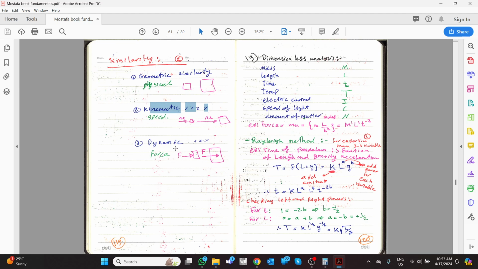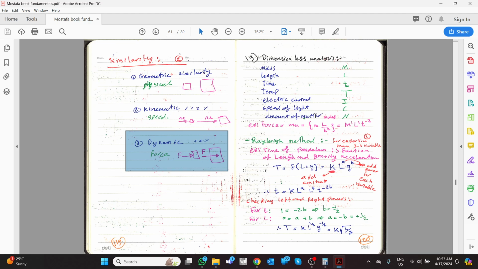Of course, the force will not be equal to this force, but it will be in dynamic similarity. If I guarantee there is dynamic similarity, kinematic similarity for velocities, and geometric similarity, then the scaling I did is correct. Of course, dynamic similarity is impossible to achieve without succeeding in both. Okay, this is just for a general term.